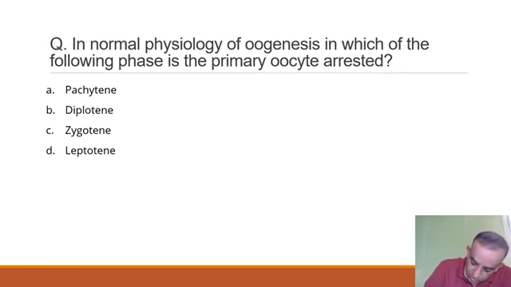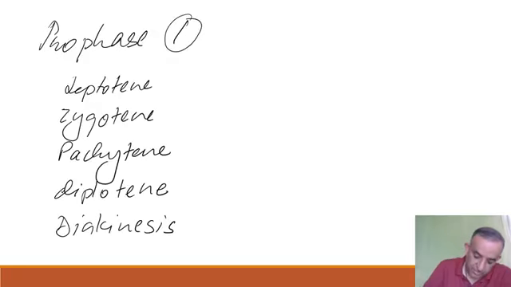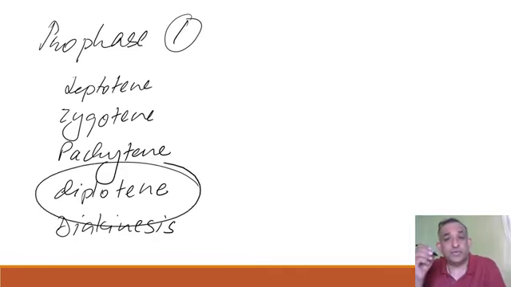Most of you would have answered that. And which part of the prophase? The diplotene. Prophase 1 has leptotene, zygotene, pachytene, diplotene, and diakinesis, and the oocyte is arrested in the diplotene phase.